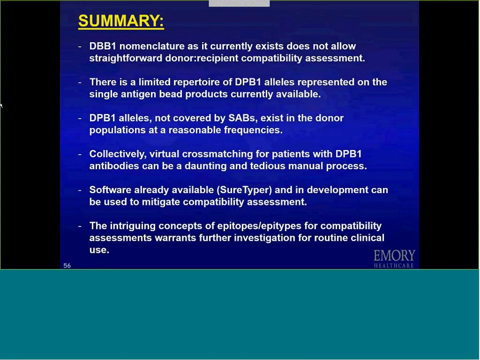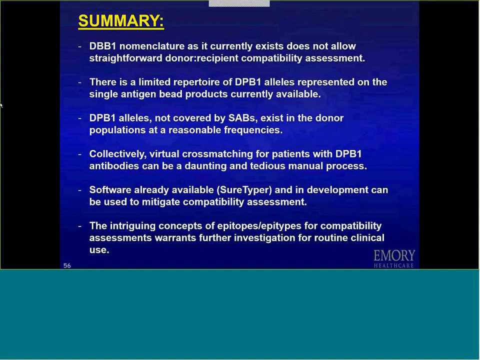And so collectively, the virtual cross-matching that we want to do for patients with DP beta-1 antibodies can be very daunting and tedious, and right now primarily a manual process. As we've alluded to, there's software already available, some within SureTyper itself and others in development, such as what Dr. Smith is using, as created for us, that can help mitigate the compatibility assessment.